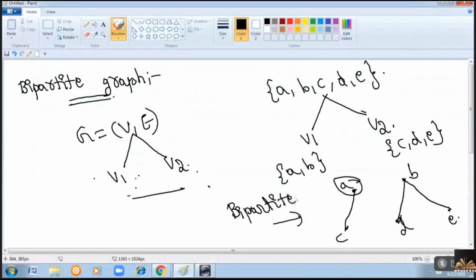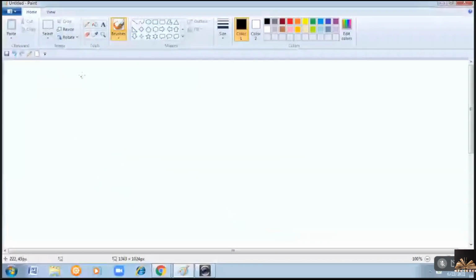The set of vertices, if you divide into 2 groups, then an edge should be formed from 2 endpoints such that one point is in the first group, the second point is in the second group. Let us see one more example. Understand clearly. Let me draw the graph first.